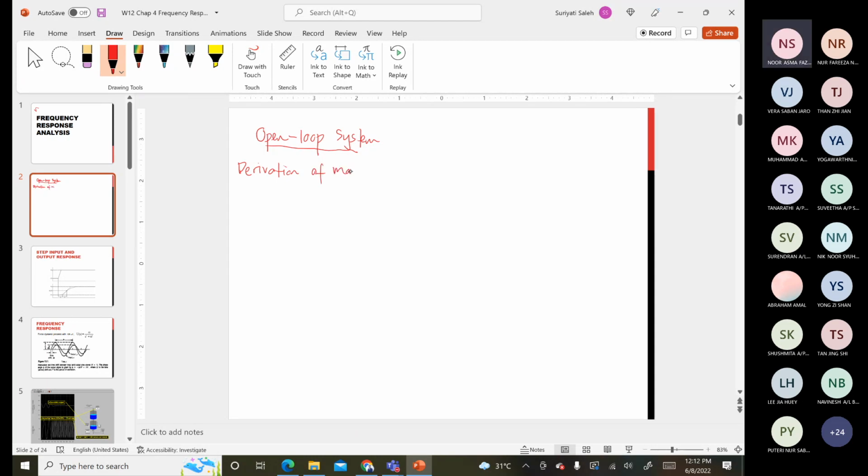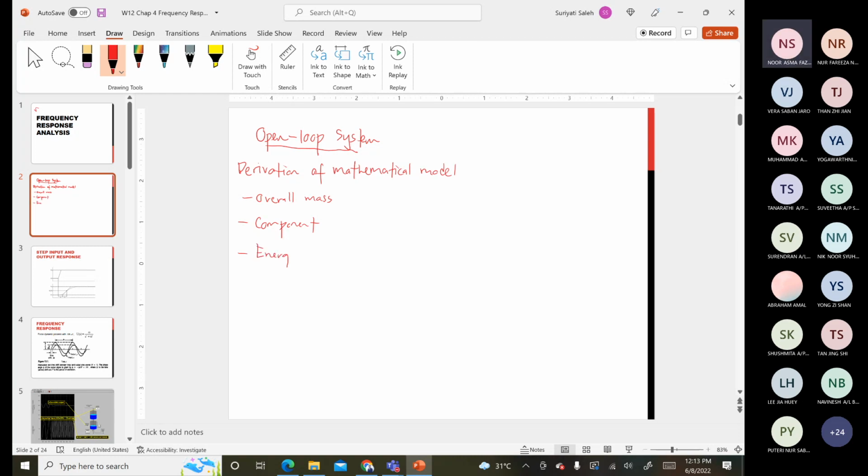So where the mathematical model consists of the three type of balance, which is known as the overall mass, component, and energy balance.